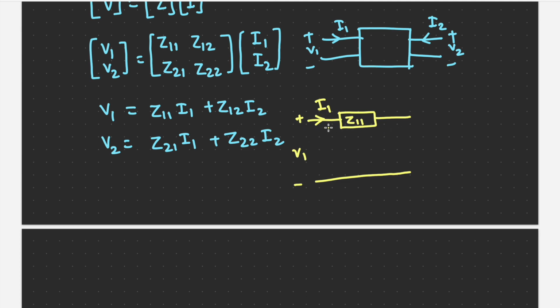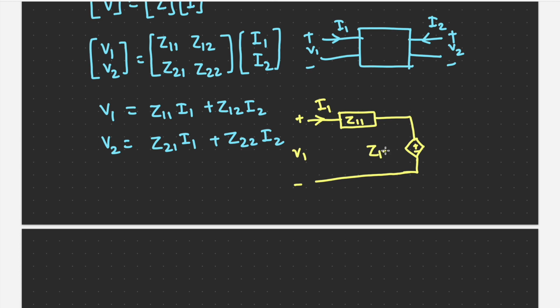So to have V1 equal to Z11 I1 plus this term, what we do is we add a dependent voltage source. It will be like this, plus minus. And what is the value of this dependent source?